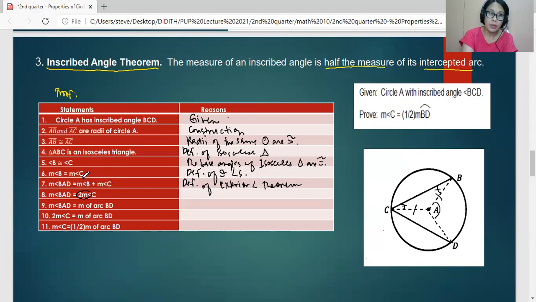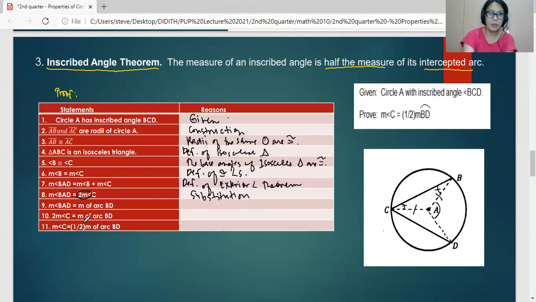Also, the measure of angle B equals the measure of angle C. In statement 8, the right side becomes twice the measure of angle C, because angle B was substituted with angle C. So this is due to substitution.